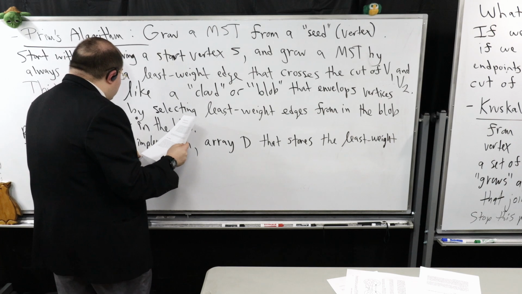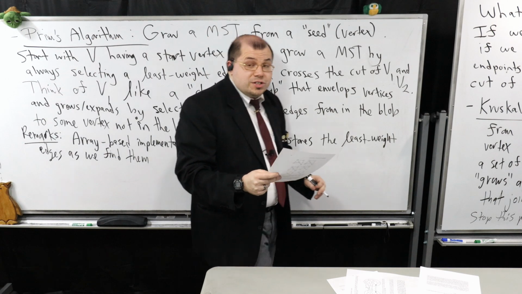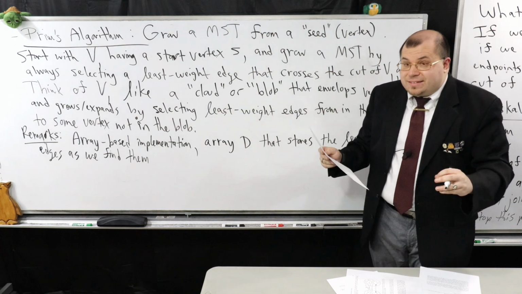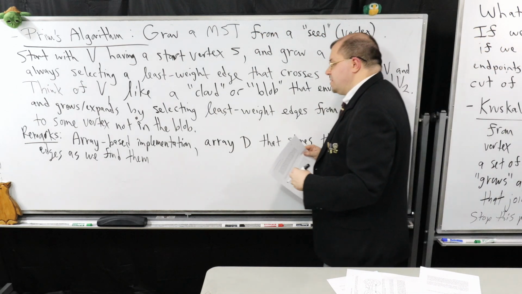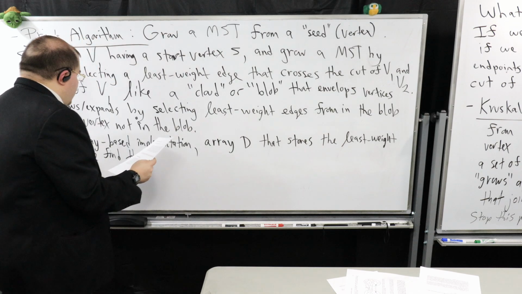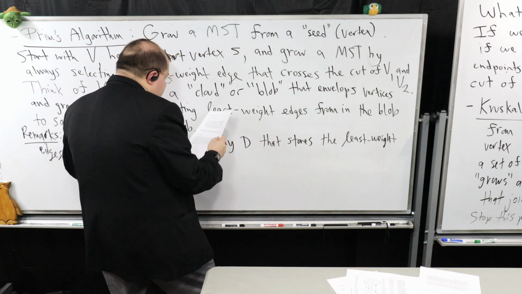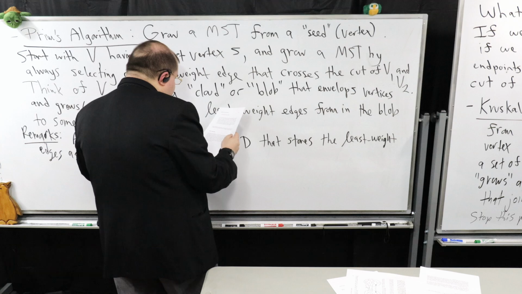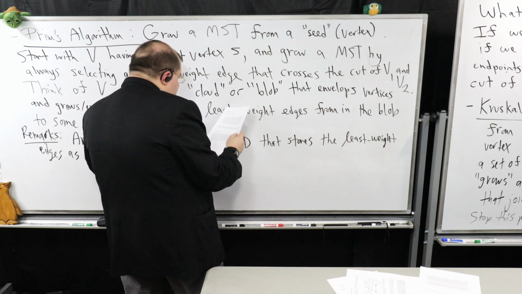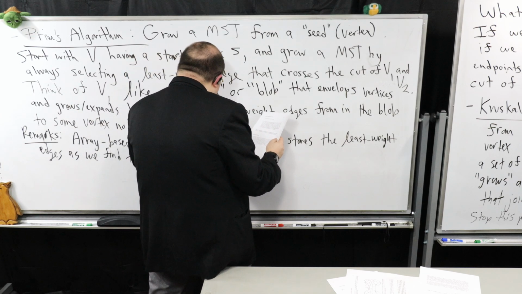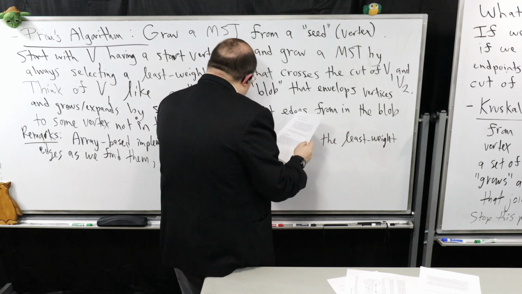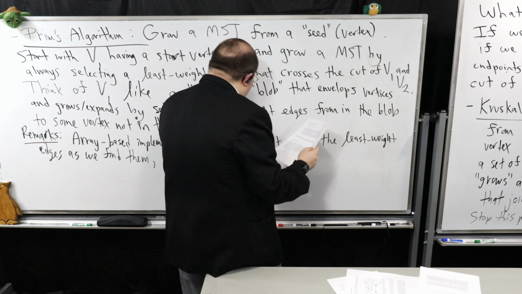You may even just store the number. If you just store what the edge weight is, that's sufficient. It's like what its value is as we find them. And an array P of predecessors.